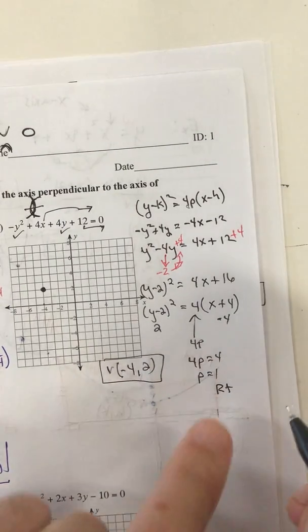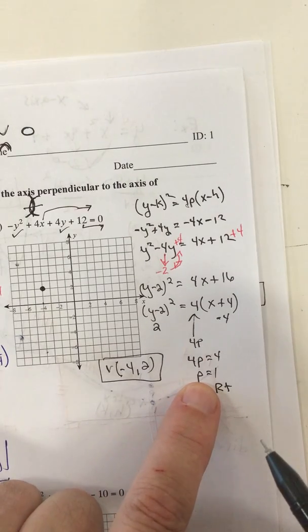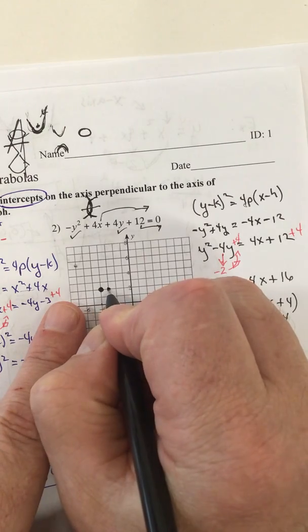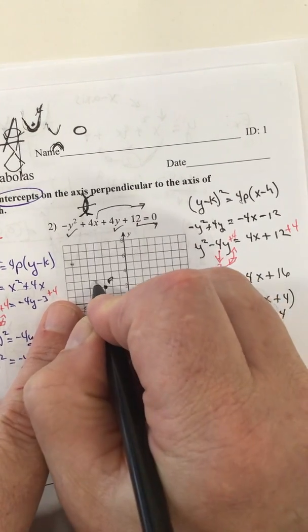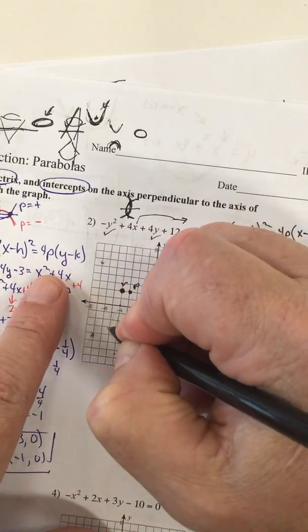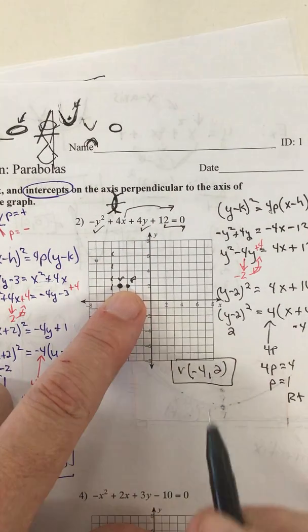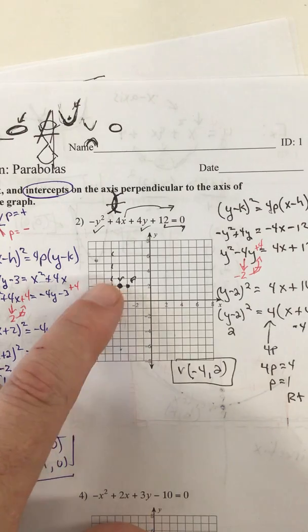Okay, so that means the focus is 1 unit to the right and the directrix is 1 unit to the left. So right there's the focus point. That's the vertex. And the directrix is right here, 1 to the left of that. That's what p does. p identifies both the focus and the directrix.